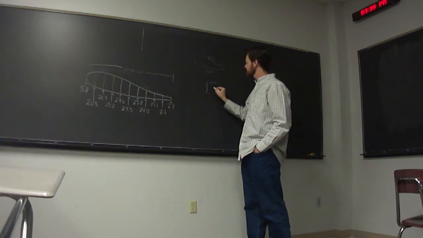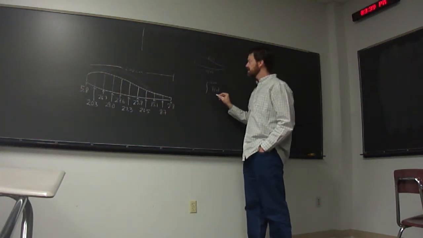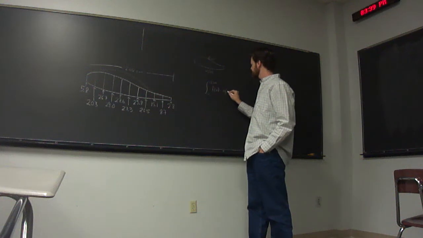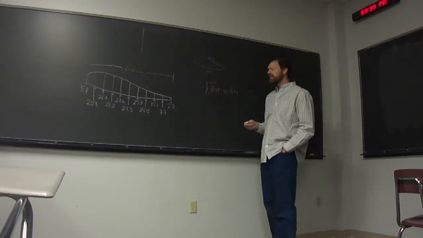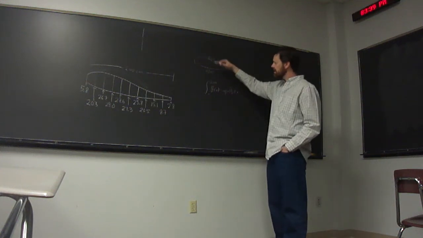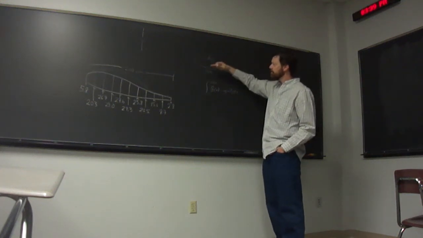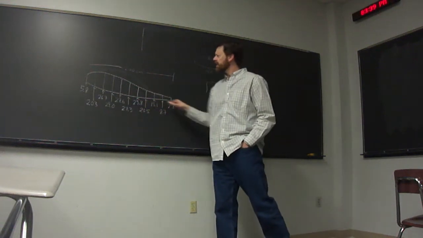We're thinking of X as the distance from the left end of the cross-section. Then we know that this integral would tell us the area of this cross-section, the area between the top curve and the bottom curve. And so that's what we're estimating here.